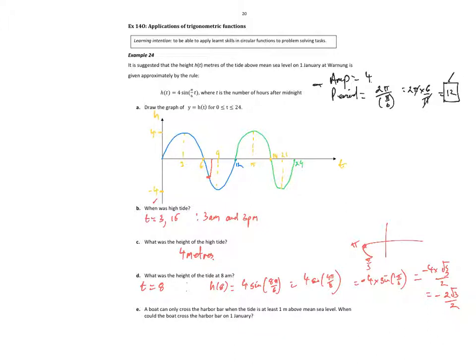Now, a boat apparently can only cross the harbour when the tide is at least 1 metre above mean sea level. When could the boat cross on the first? So 1 metre above. So 1 metre might be, there's my 1 metre line. Maybe I should have used a different colour. Yellow's not much better. So I can cross between those crosses there.